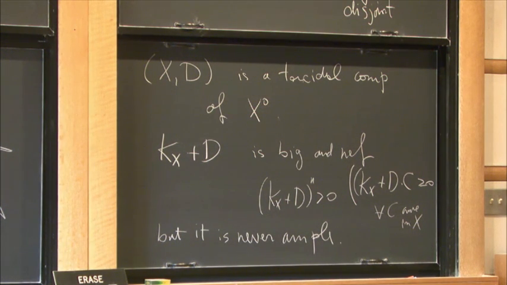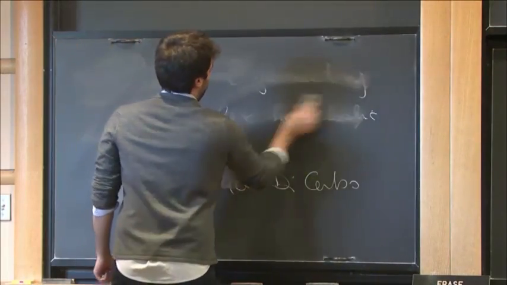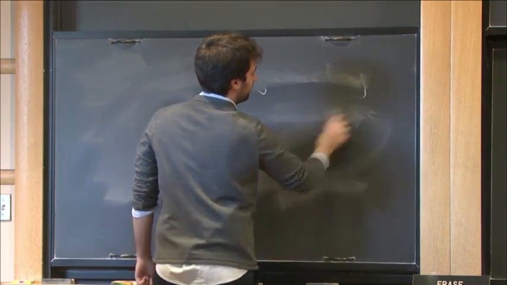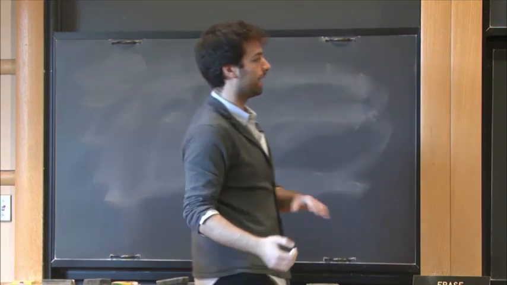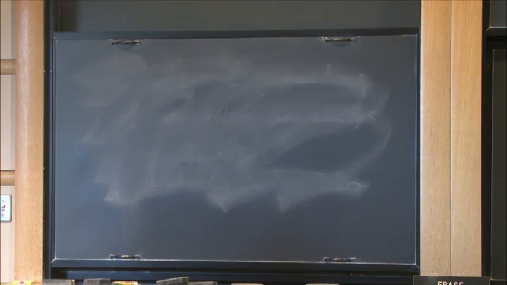And so there are a few results going in this direction. Probably the most important is a result of Mumford. It says that in this setting, up to a finite cover of X naught, when I compactify, I get something of general type. So Kx is big.